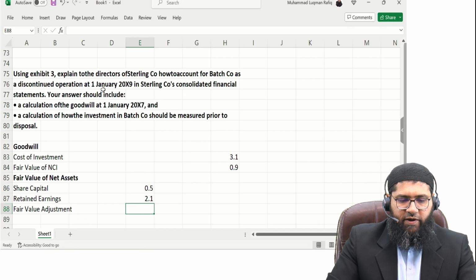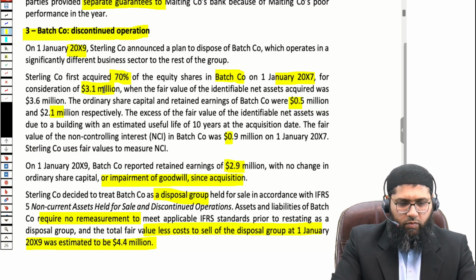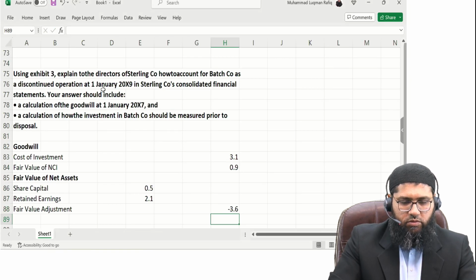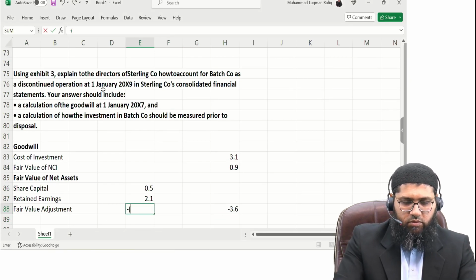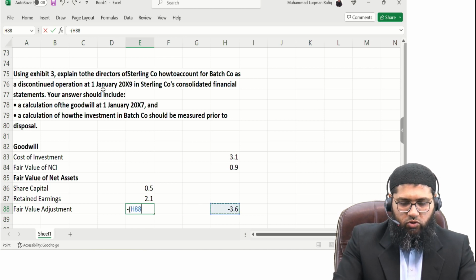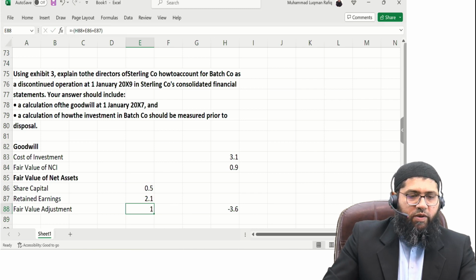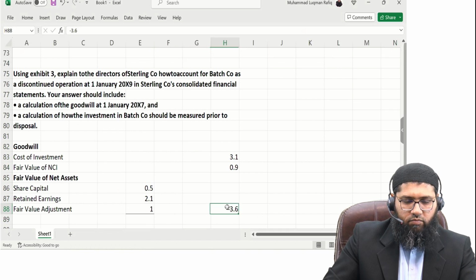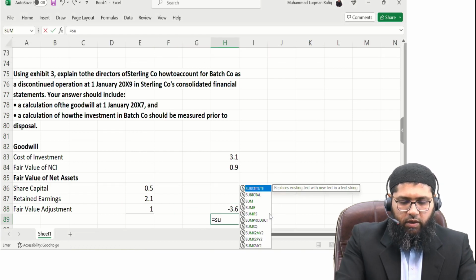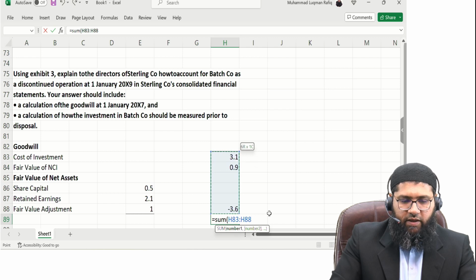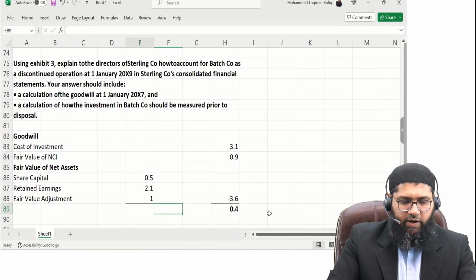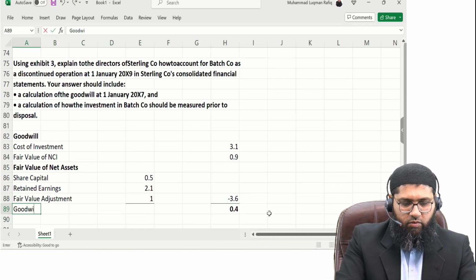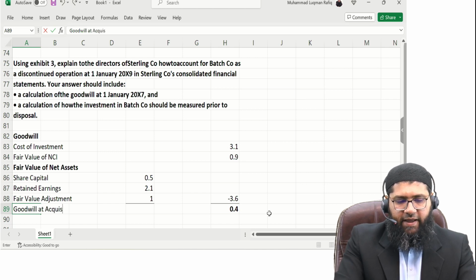The fair value adjustment is, so 1 million was the fair value adjustment. Hence, the goodwill is going to be 0.4 million. Goodwill at acquisition.